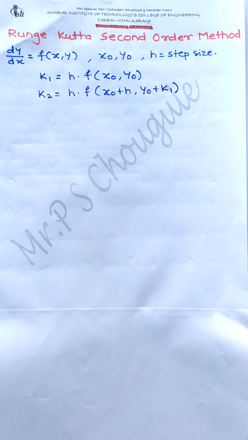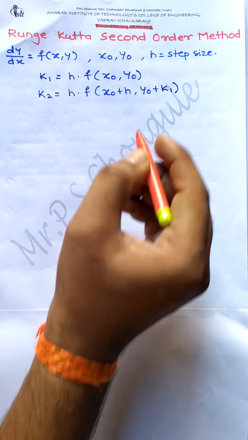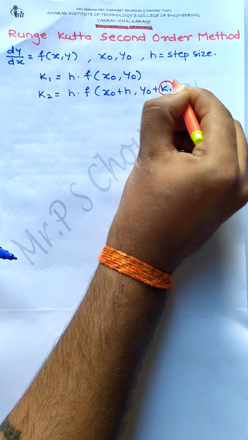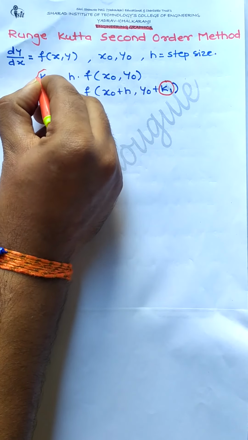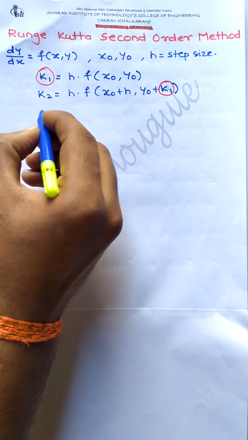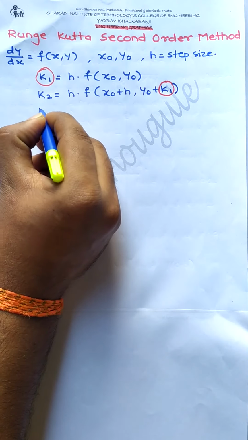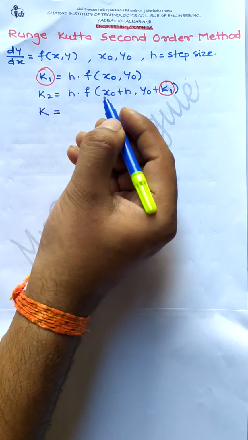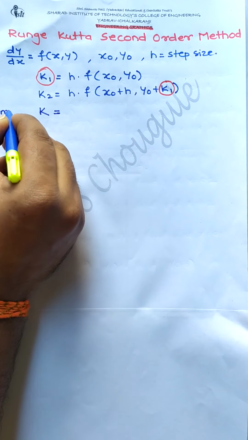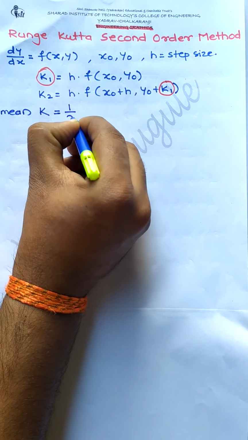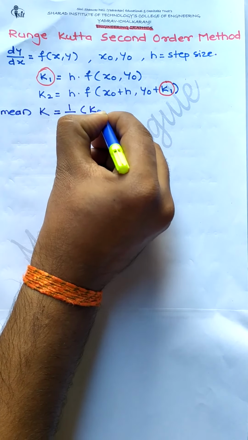Now what you have to remember here, you need to concentrate here. Instead of k, I have taken k1, and this value we will take from here. And now by taking this, we need to find the mean weightage, mean k, which is half of k1 plus k2.